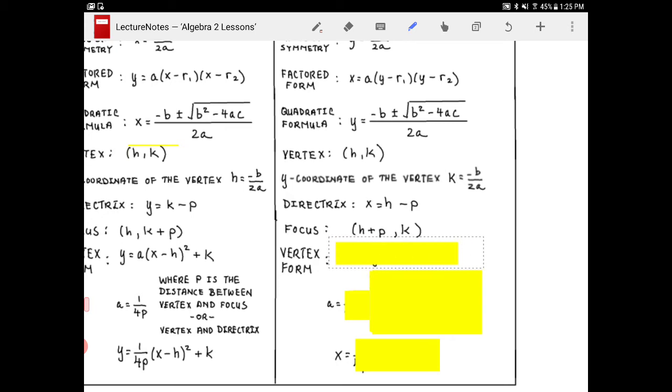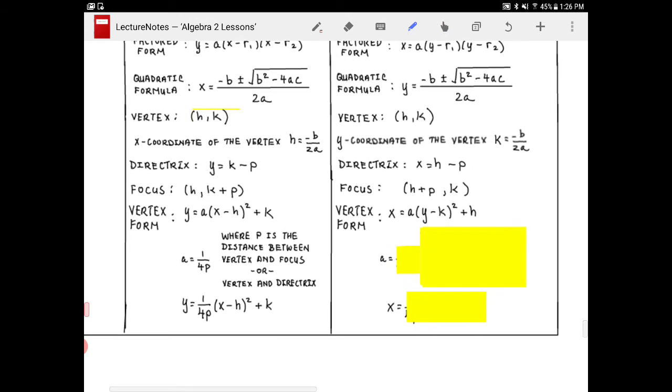And when rewriting the quadratic equation in vertex form, it's going to look exactly like the vertex form for a vertically situated parabola. The difference is it's going to be in terms of y.